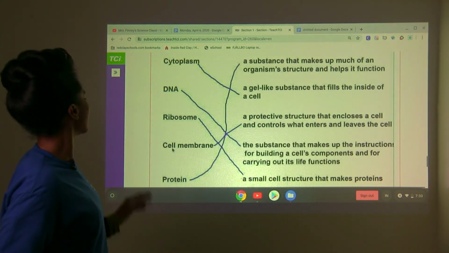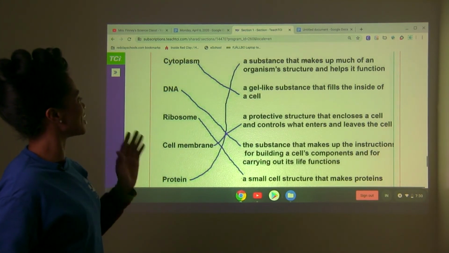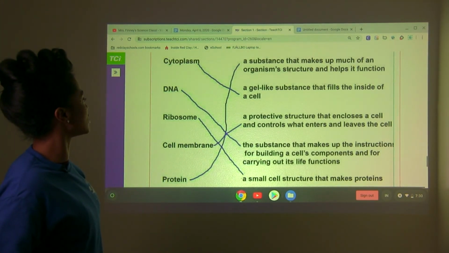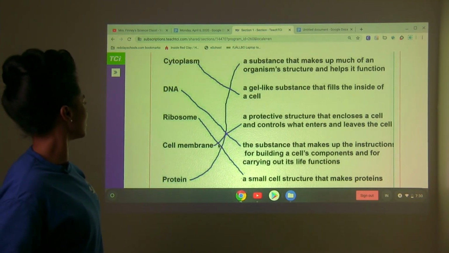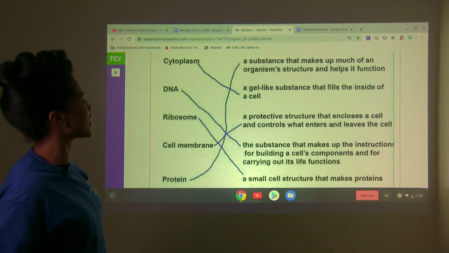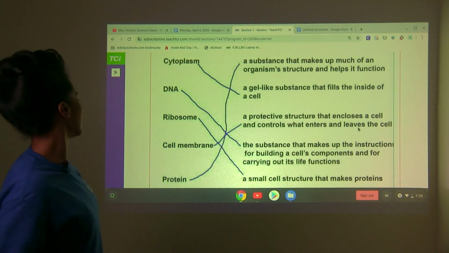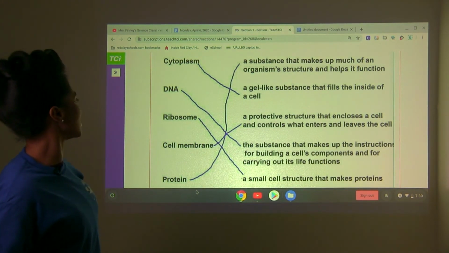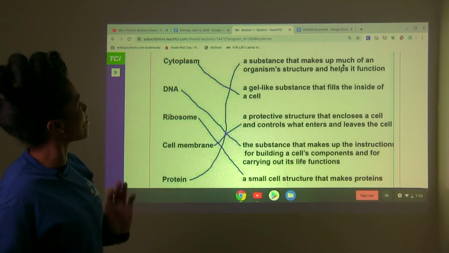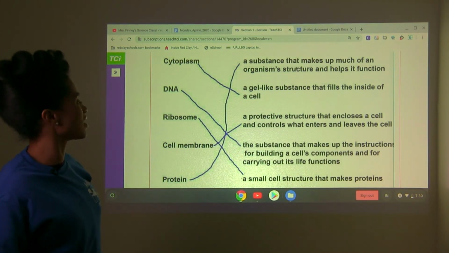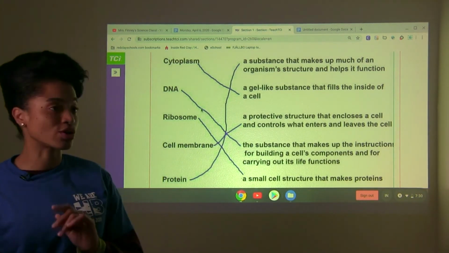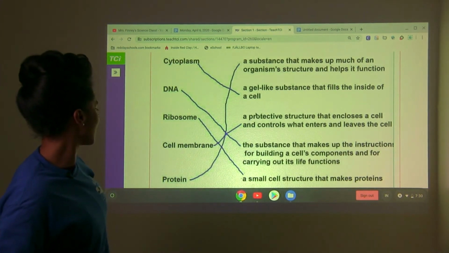All right. Cell membrane, a protective structure that encloses a cell and controls what enters and leaves the cell. There we go. And protein, a substance that makes up much of an organism's structures and helps it function. All right, so make sure you have your lines going to the correct descriptions.